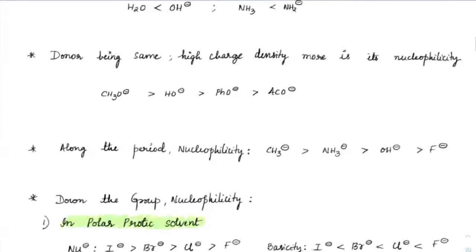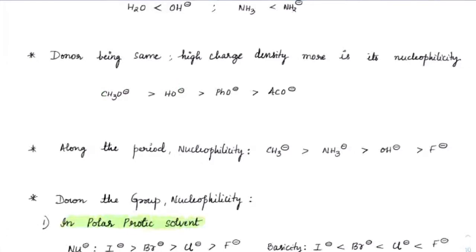Second point, if the donor is the same, check out the charge density, which means localized or delocalized. If you check out CH3O minus and HO minus, you just have to remember this is an experimental value. This does not have too much justification. Usually alkoxides will have more charge density on them to provide the electrons as compared to HO minus.